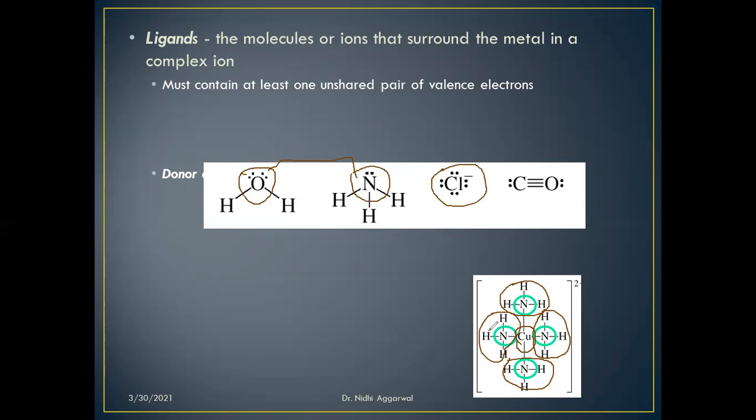They bind with the copper only through nitrogen, not through hydrogens. As I have told earlier, the lone pairs are with nitrogen, so only nitrogen can combine with the copper through a coordinate covalent bond. This whole complex in the square bracket is known as a complex ion. Here I have not shown its counter ion.